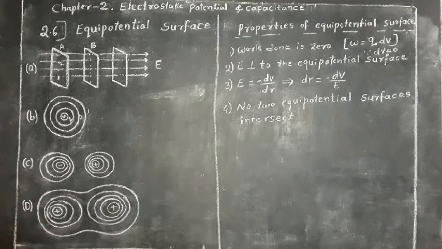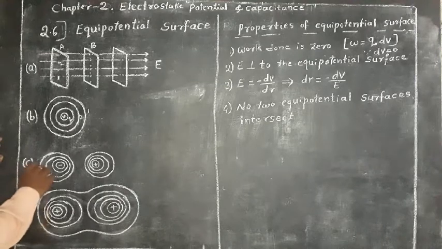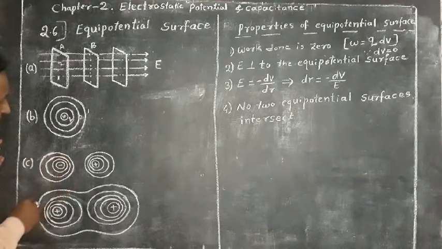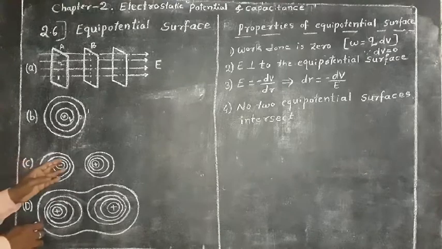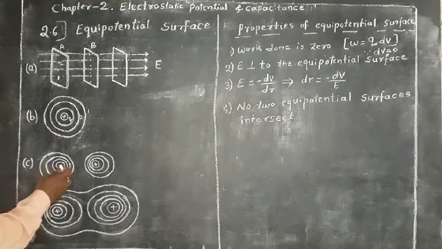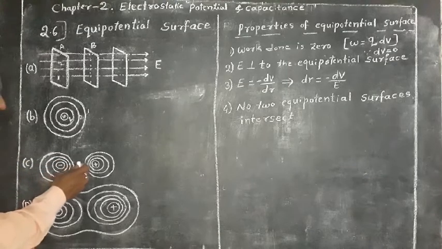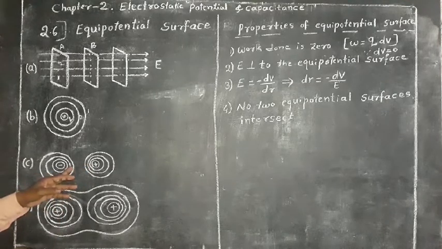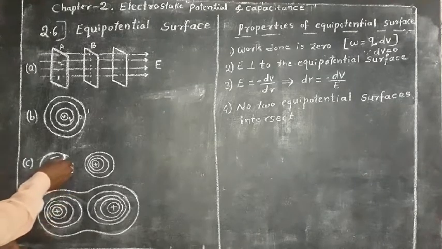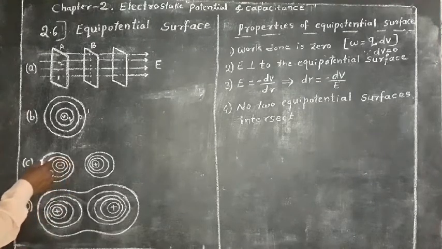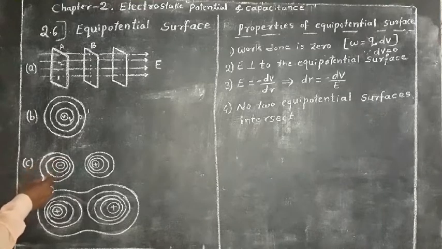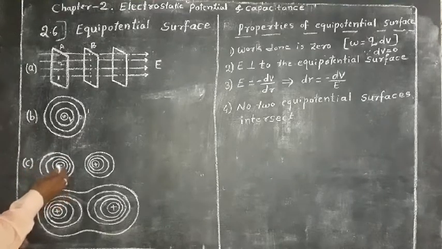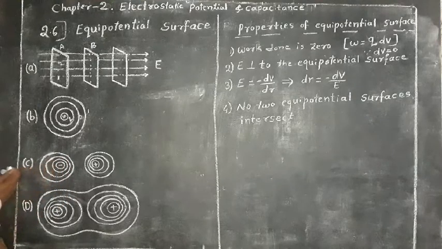In this case, the equipotential surfaces are closer to each other. These surfaces are closer to each other in the region of strong electric field. And as we move away from the charge, the equipotential surfaces are well spaced.